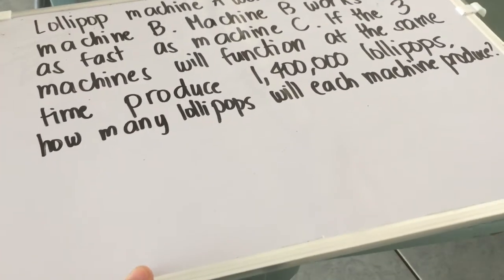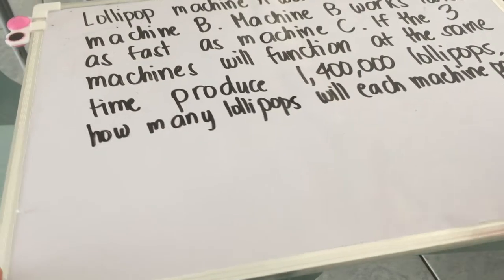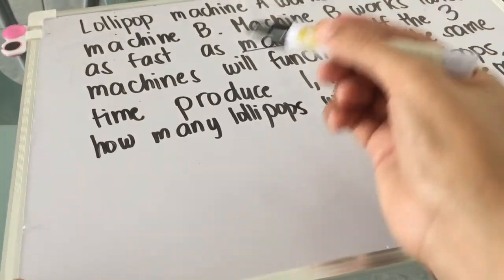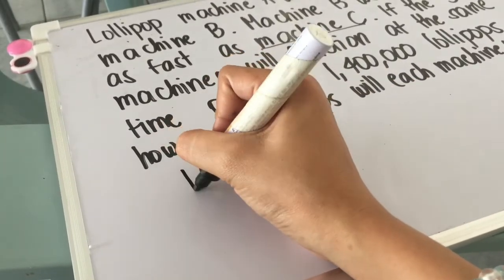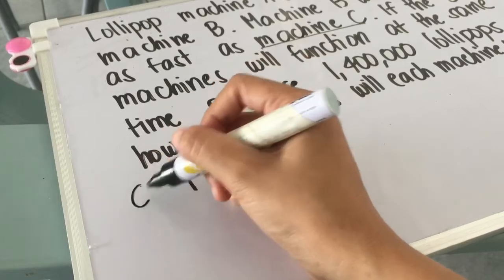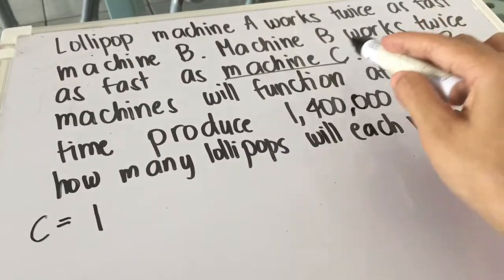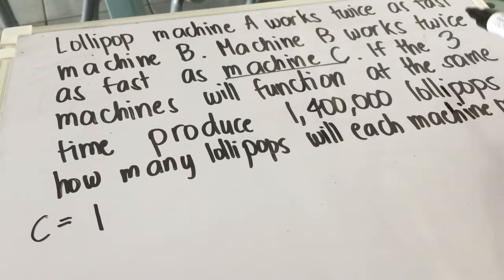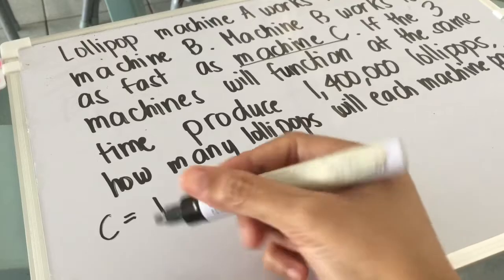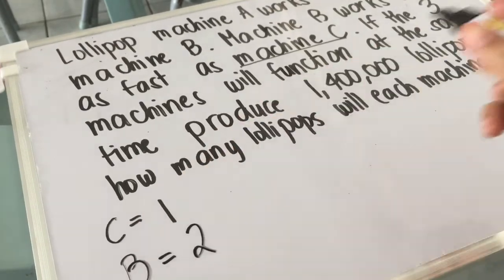So we will assume that si machine C will be able to make 1 lollipop. Ito ang kay C. So machine B naman works twice as fast as machine C. So 2 times 1 for machine B equals 2.